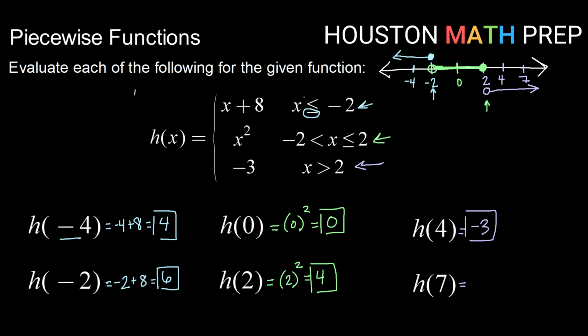So once again, I'm using my third piece. There are no inputs to replace with 7, so my y value is simply -3. So when you're evaluating piecewise functions, first determine which piece your x value falls into, and then just use that piece's definition.